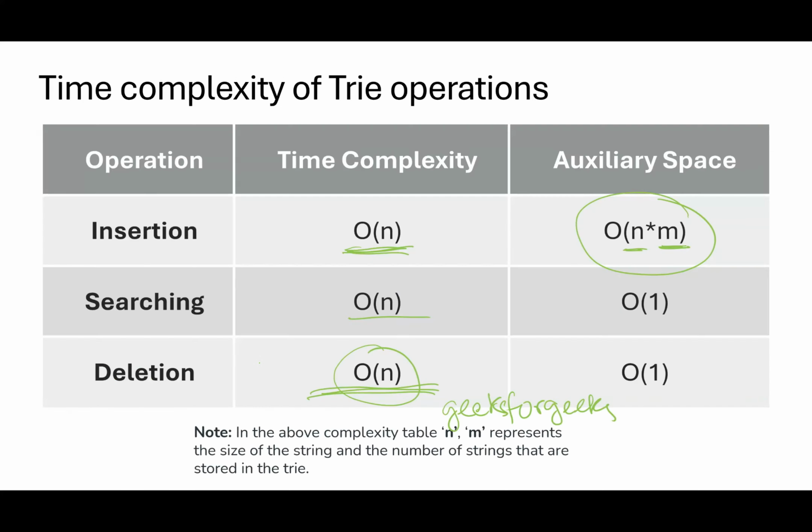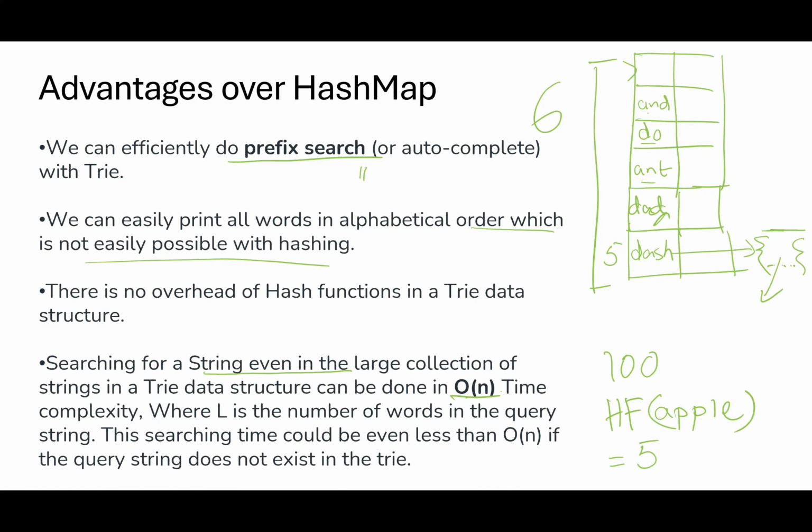So any kind of search is done in order of n, where n is the number of characters in the string. And obviously, we expect the number of characters in a word to not be long, right? Constant, even if it's like 50 characters. You can think it's almost constant time. So this is another advantage of trie.